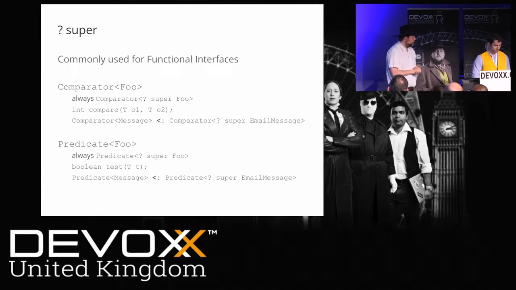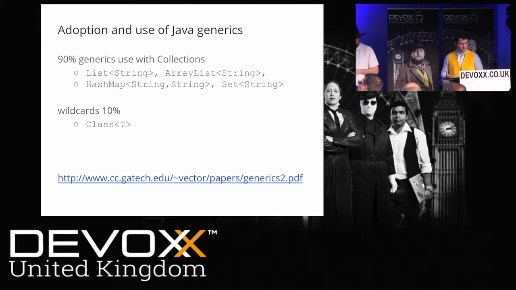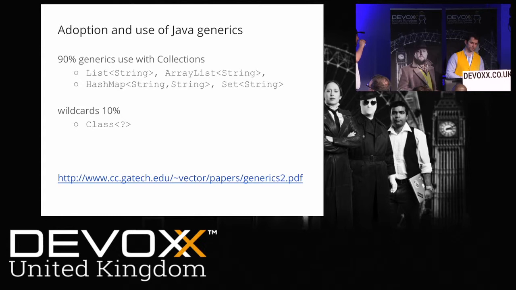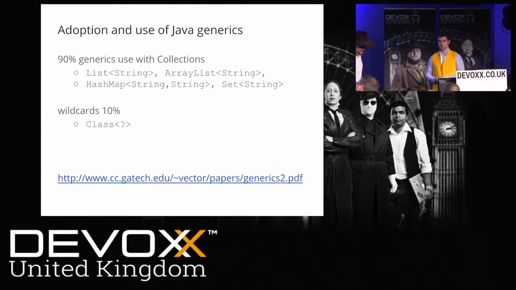Well, let's revisit that in a second, shall we? So it's always interesting to look at research and see how certain language features are used. So there is a paper available at this URL which did an analysis of how generics are used in practice by looking at millions of lines of code of user applications. Turns out 90% of generics use is just List of String, ArrayList of String, Sets of String.